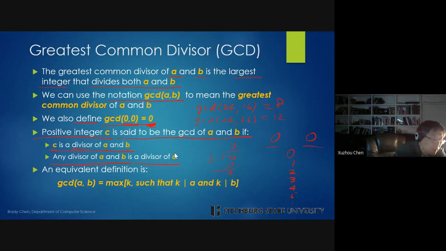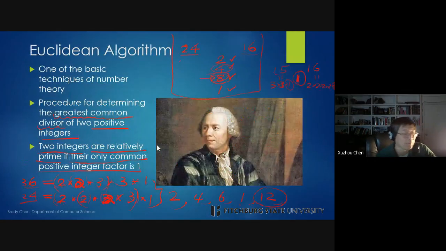So this also says, for any number, let's say t, if t can divide a and t can divide b, then t is also going to divide c. Now, if these two conditions are true, then c is the greatest common divisor. Now, if you go back, you can find out this is always true.